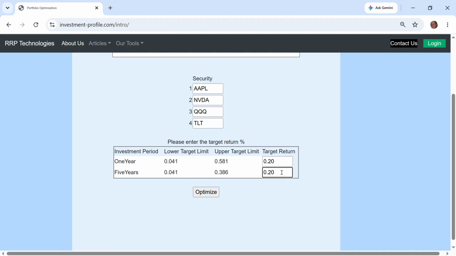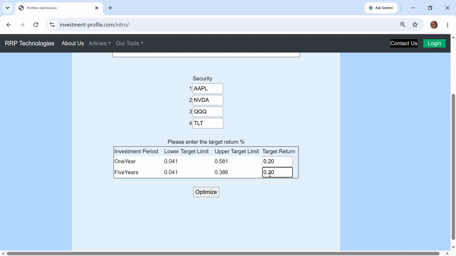Now, something that I should point out is that when you indicate 20% here for the 5-year portfolio, what you're saying is that you would like to have the optimizer construct a portfolio with minimal volatility that will have a mean return for each of the 5 years of 20%.